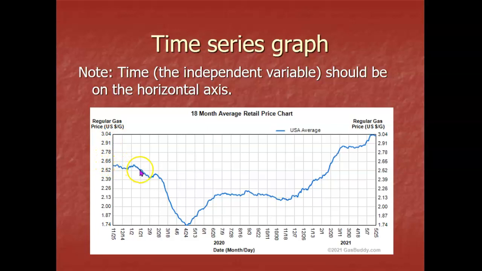So you can see that the price of gas was lowest last April 24th, when it was $1.74, and then it came back up and stayed fairly constant for a while. And then once we got to about the beginning of 2021, it started going up. And so by May, it reached the highest that it was during that whole 18-month period, right around $3 a gallon or a little more.